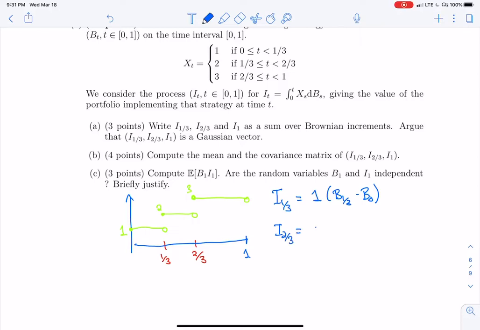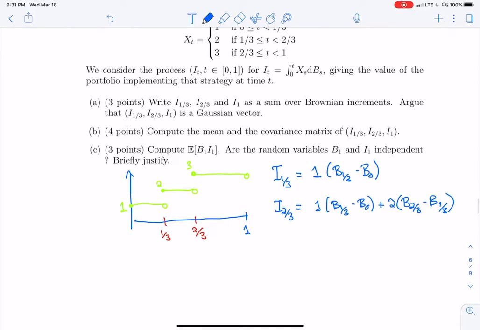I 2/3 is the first one, so I accumulate, right? Plus the second, which is strategy 2 times the Brownian increment on the second interval, and you see the gist of it. I1 is the sum, so again I get the same thing plus 3 times the last interval, B1 minus B 2/3. Okay, so these are the 3 random variables now.